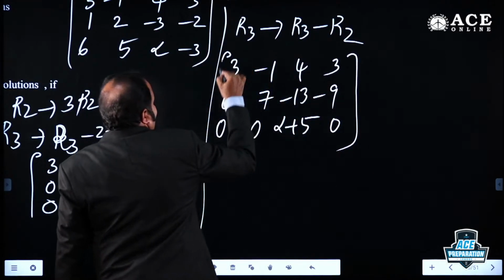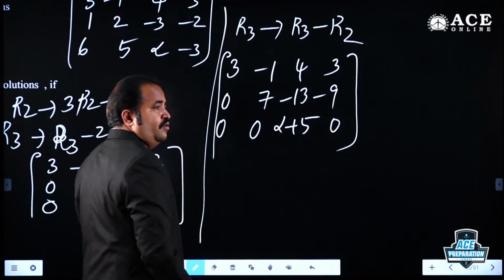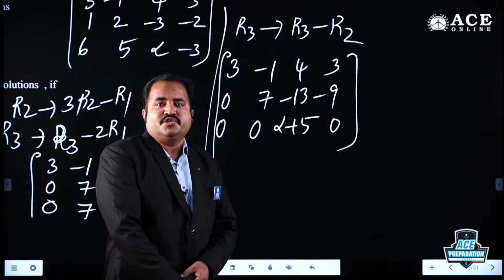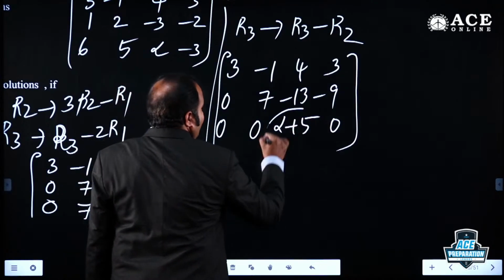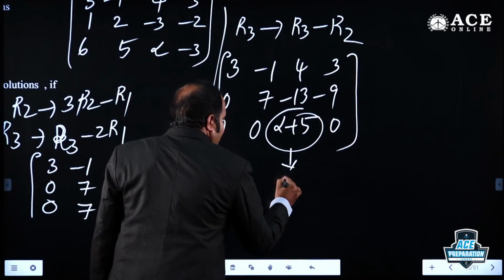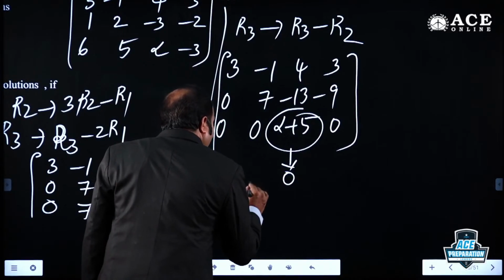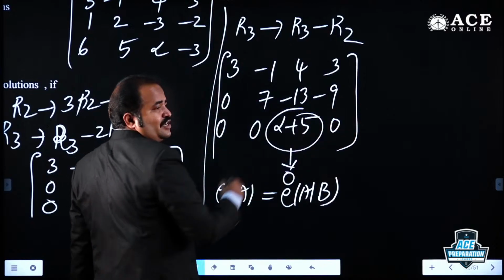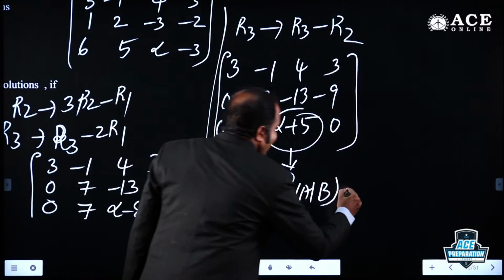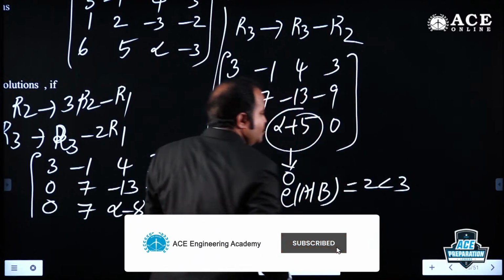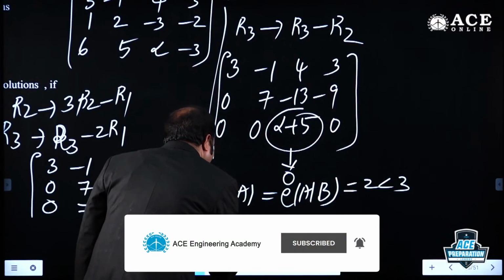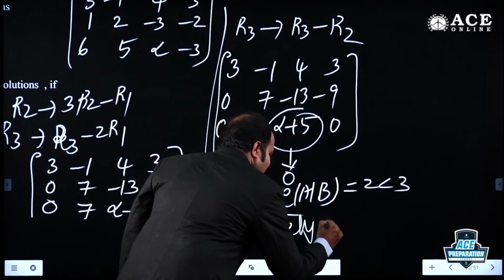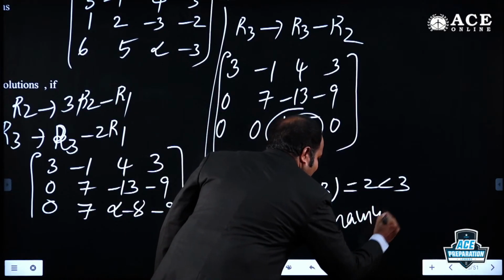So what is the question? You are required to find the alpha value such that the system will have infinitely many solutions. Very simple. If it is 0, then the rank of A equals the rank of the augmented matrix, which is 2, because this is a completely 0 row. So 2 is less than the number of unknowns, 3, so we'll have infinitely many solutions.